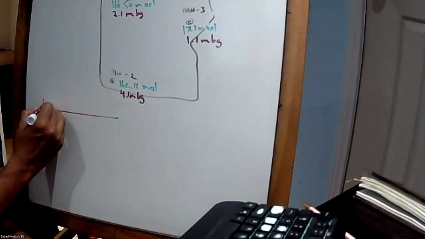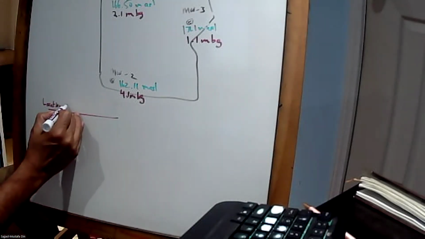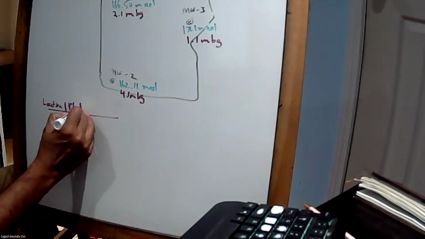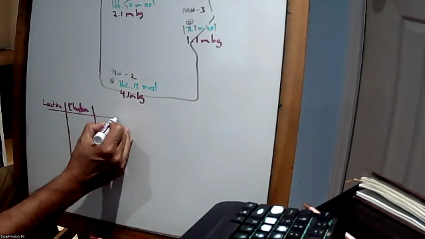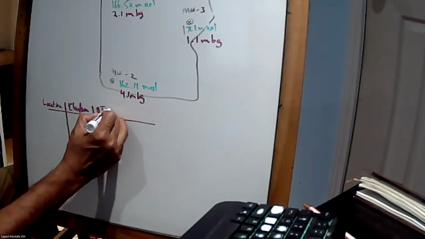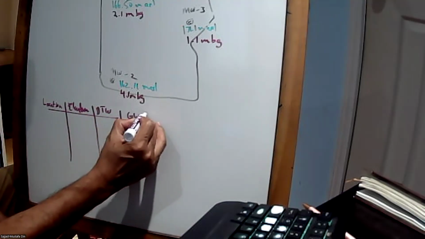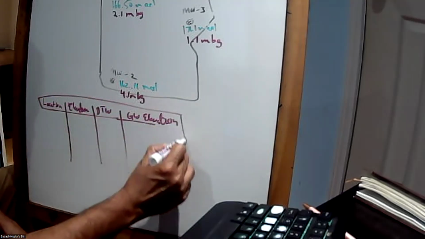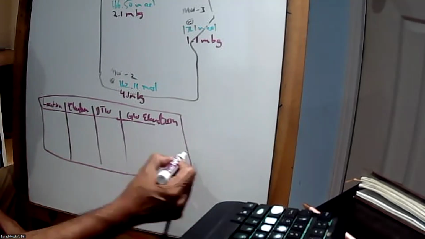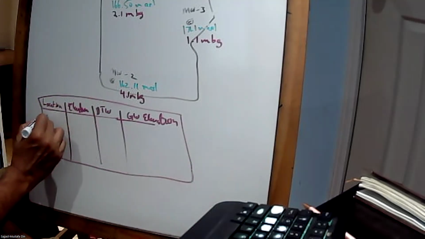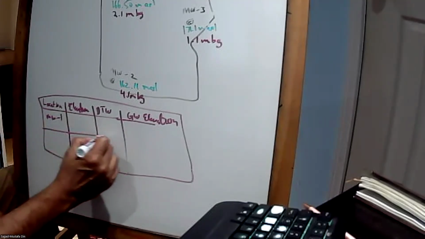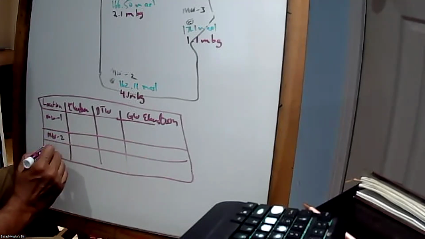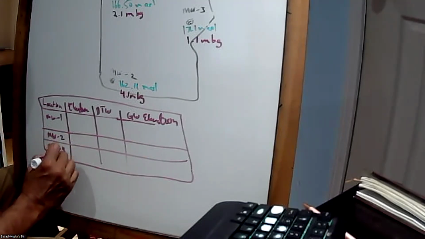First, we do the location, elevation at the surface, depth to water, and groundwater elevation. So you'll see why measuring groundwater is so important. Monitoring well 1, monitoring well 2, monitoring well 3.